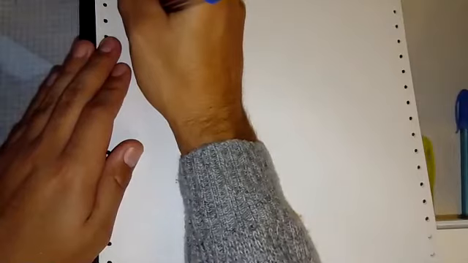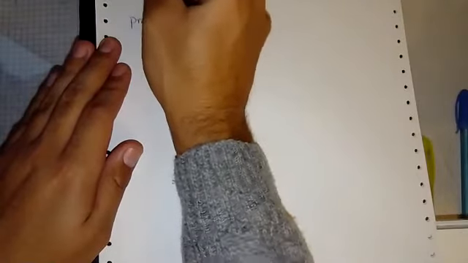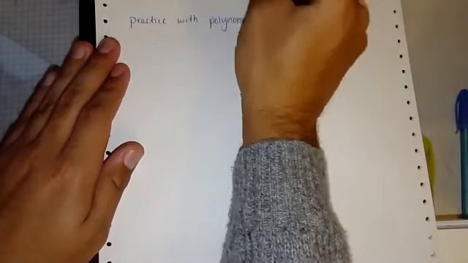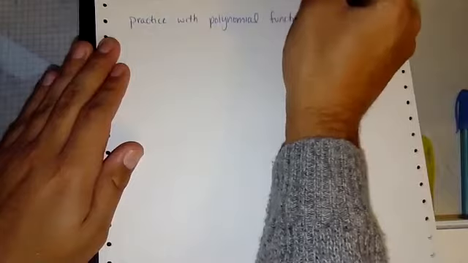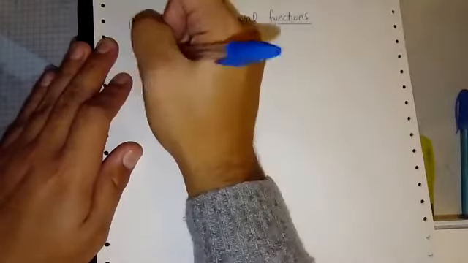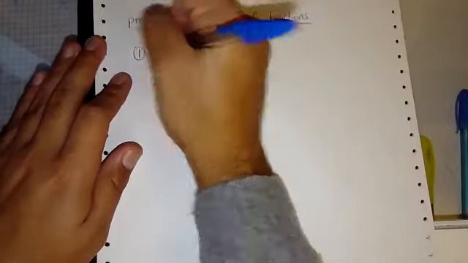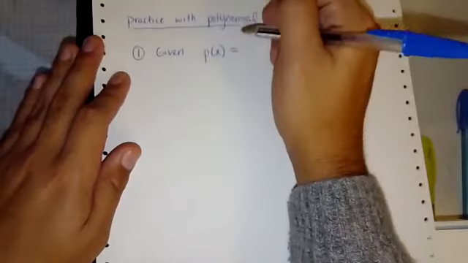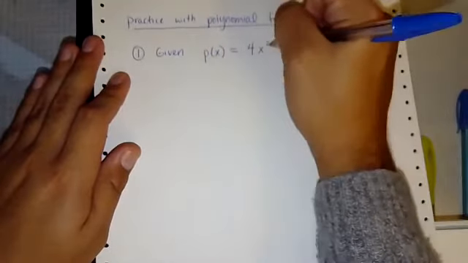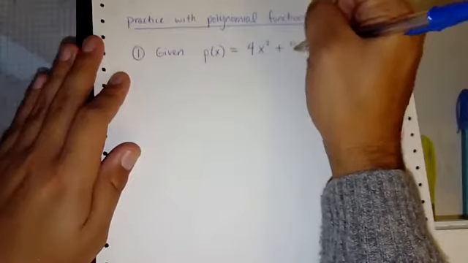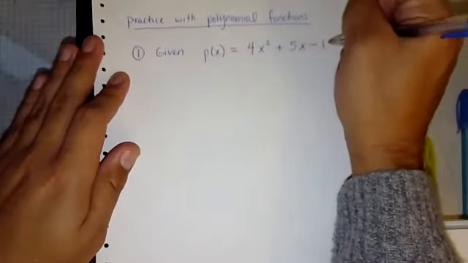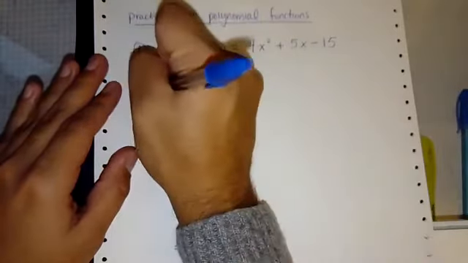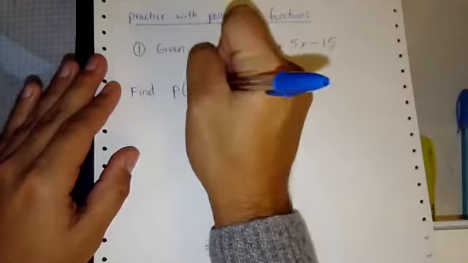So let's do this. Practice with polynomial functions. 1. Given p of x is equal to 4x squared plus 5x minus 15, find p of negative 2.